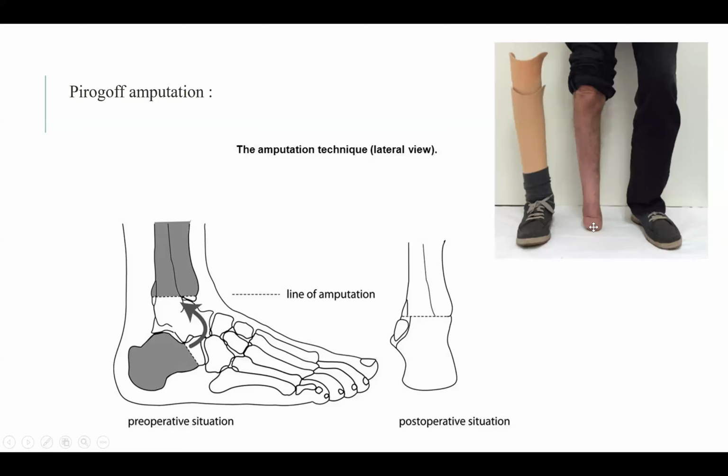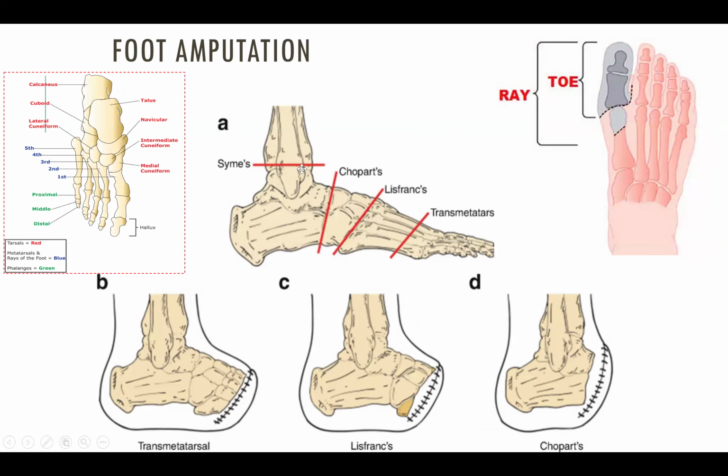This is the one which provides weight-bearing stumps. The difference between Pirogov and Syme's is that in Pirogov the calcaneum is preserved, while in Syme's the calcaneum is completely removed.